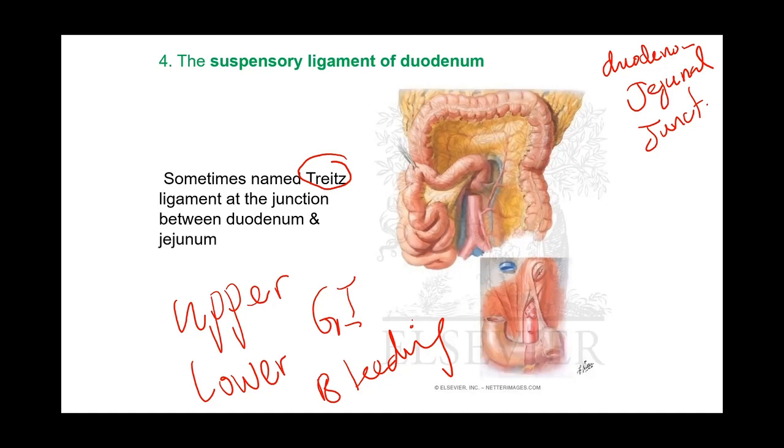What important structure is just lateral to the DJ junction at the ligament of Treitz? What very important structure is just lateral to the ligament of Treitz? Go and check.